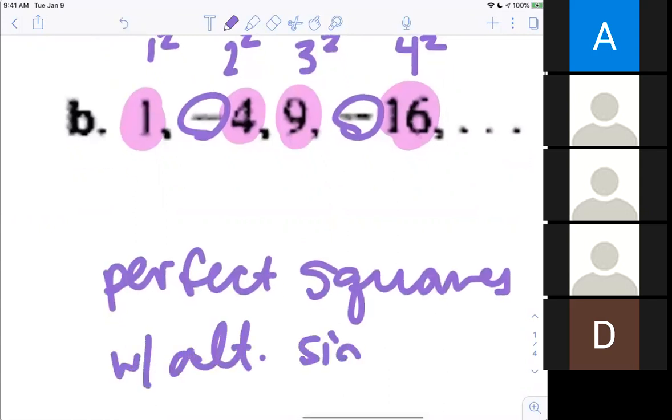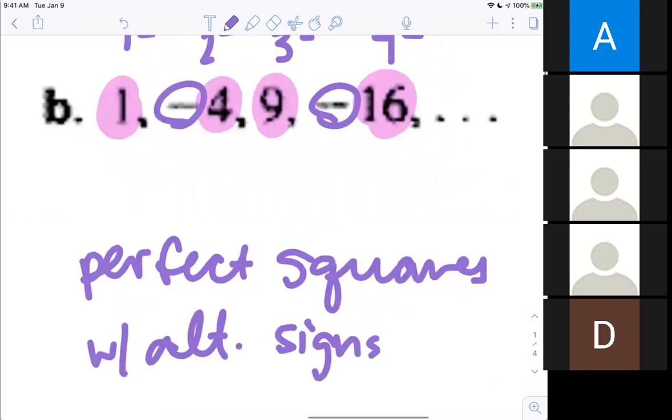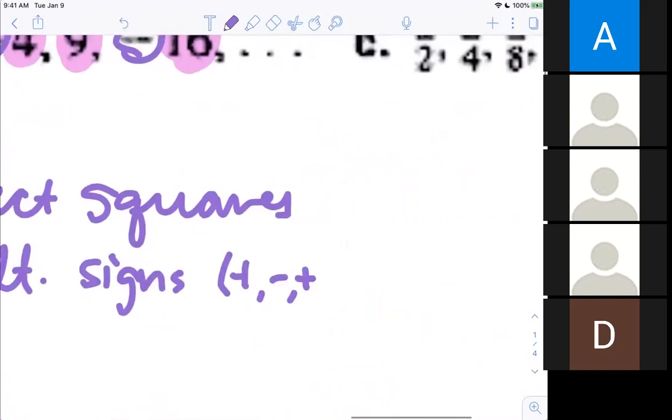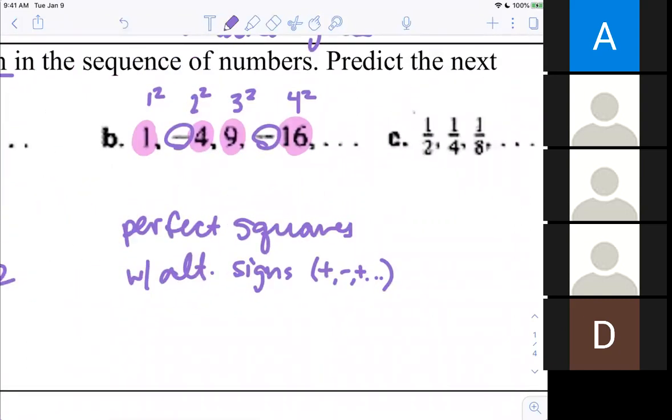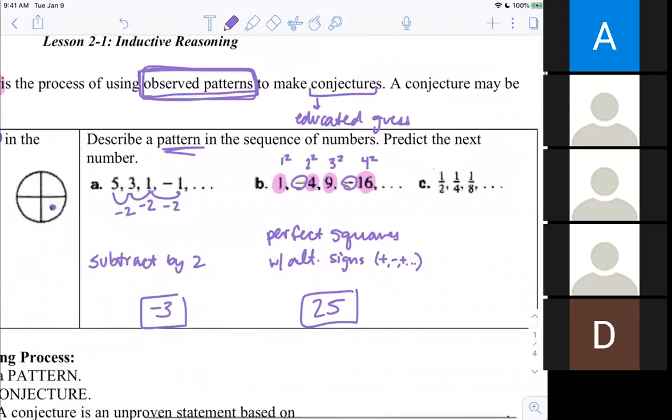So essentially they're alternating between positive and negative and positive again. It's a list of perfect squares, but the signs on every other one of them is different. So positive then negative, then positive then negative. So I predict the next one is going to be positive and it's going to be 5 squared. So 5 squared is 25, positive 25 is my next prediction. Any questions so far?